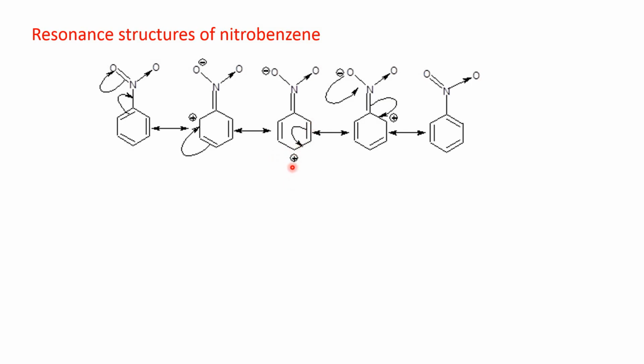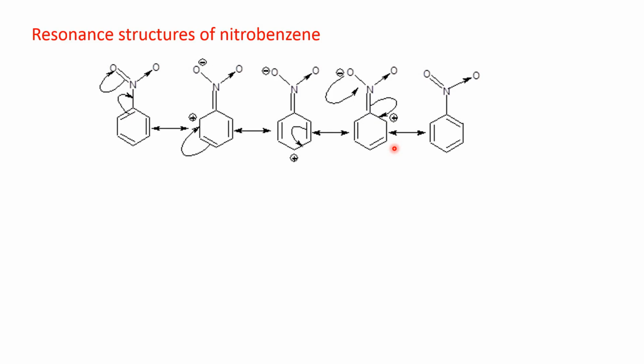Then this positive charge and double bond are separated by a single bond, that means conjugation. Then this electron pair shifted here, and again you get the positive charge on the ortho position. So during resonance we find positive charge at the ortho and para positions. That means electron density is more withdrawn from these positions, so these positions are more electron deficient compared to the meta position.